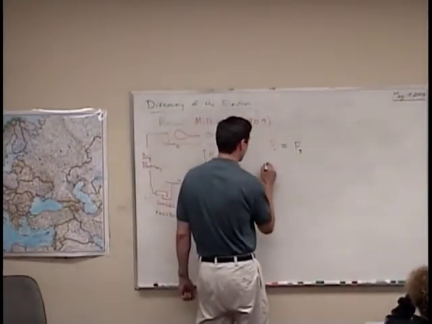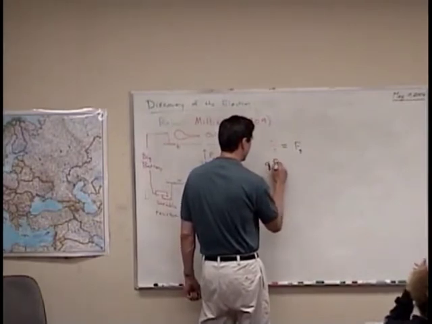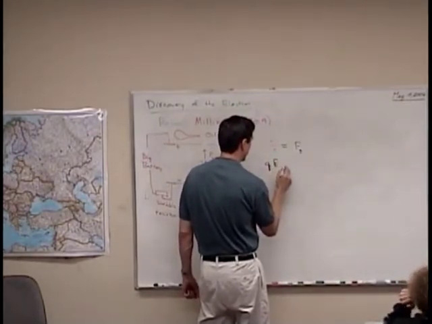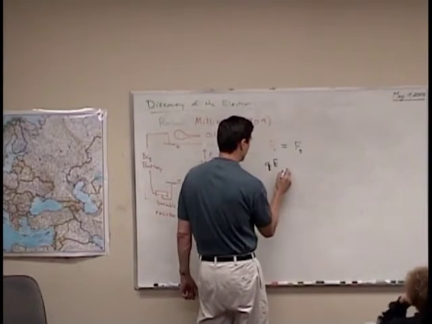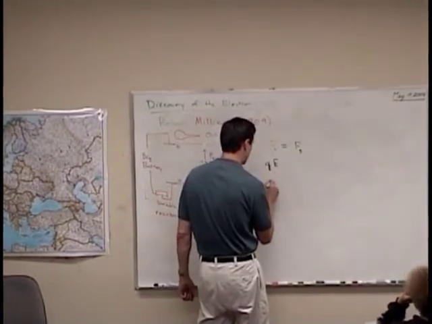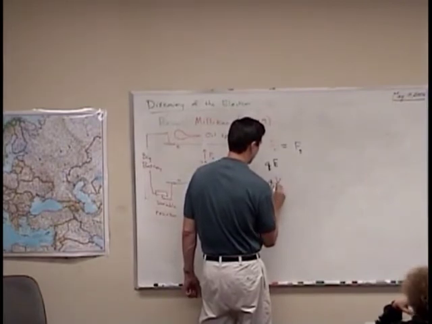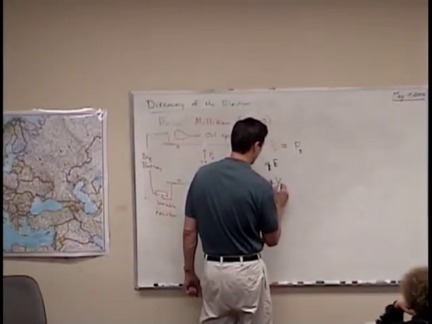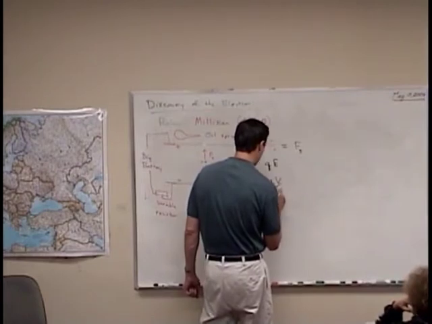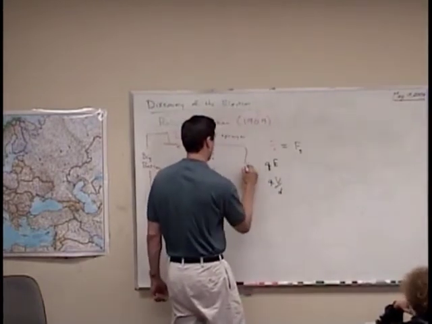Right, so it's the charge times the electric field. Or we can write that as the charge times the voltage divided by the distance between the plates.